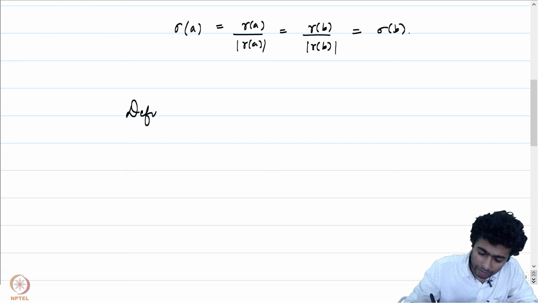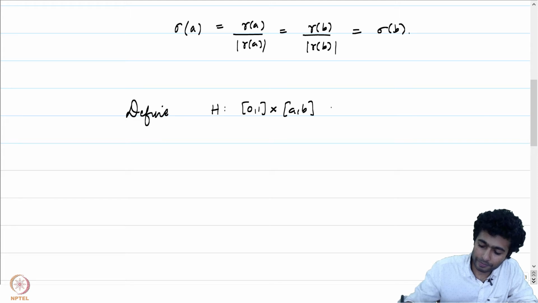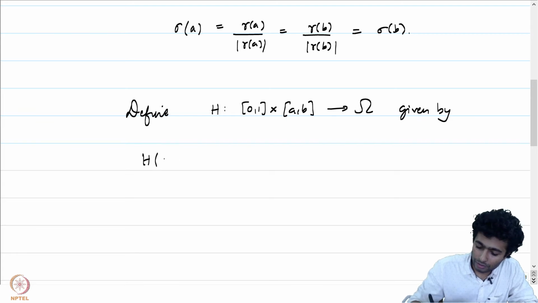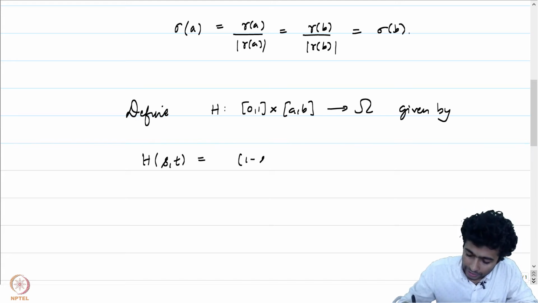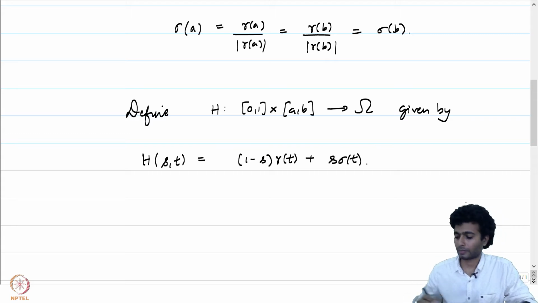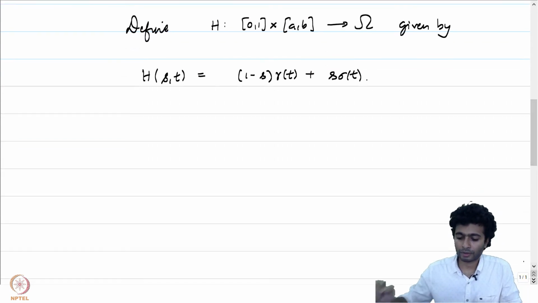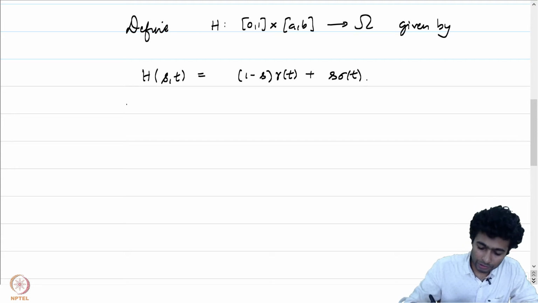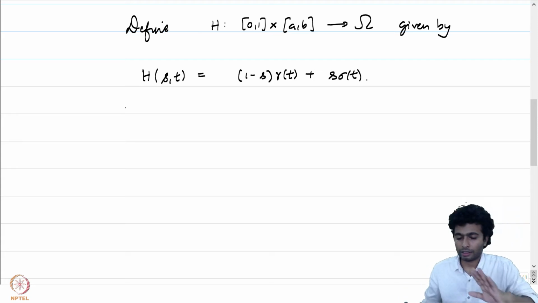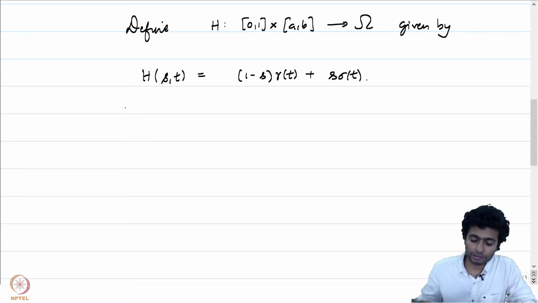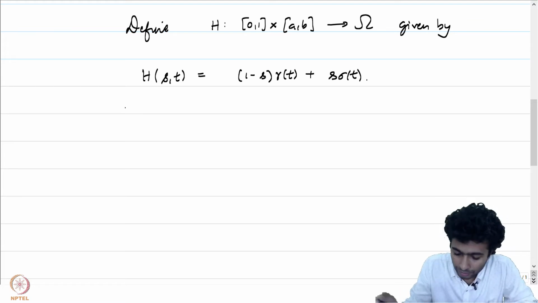So define H from [0, 1] cross [a, b] into omega given by H of s comma t equal to (1 minus s) times gamma of t plus s times sigma of t. I'll leave the entire process of checking that H is indeed a homotopy of closed curves from gamma to sigma as an exercise to you.